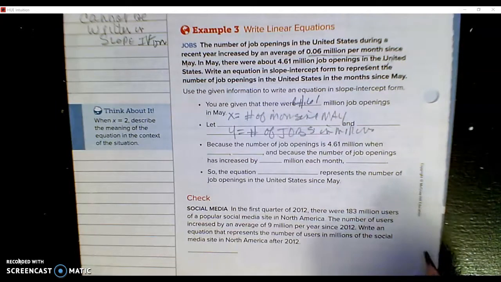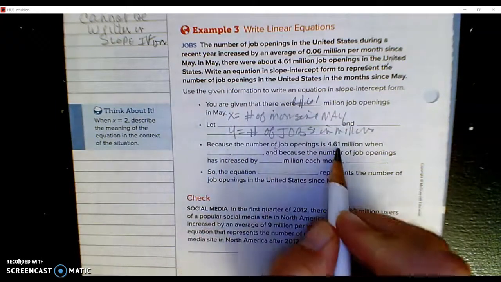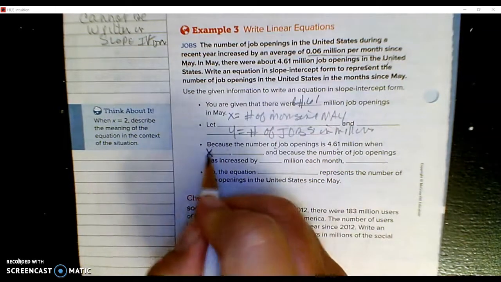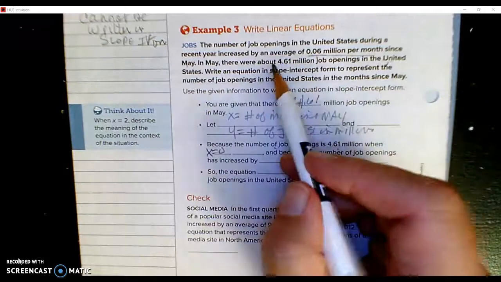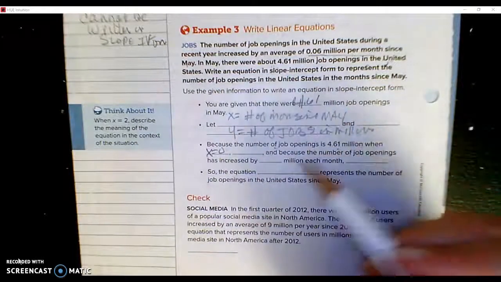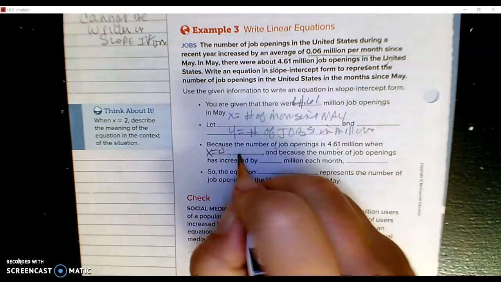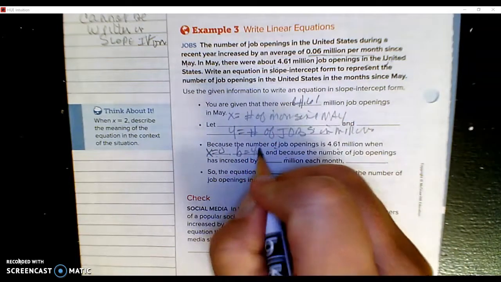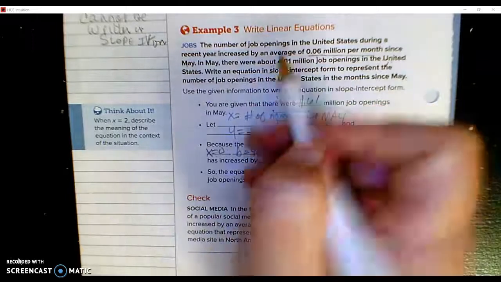I know the number of job openings is 4.61 million when x equals 0, because that's what we're starting off with. That's our first year that we're dealing with in May. We want to know what the growth is since then. That was our initial value that they gave us.